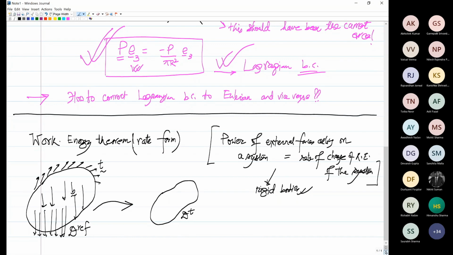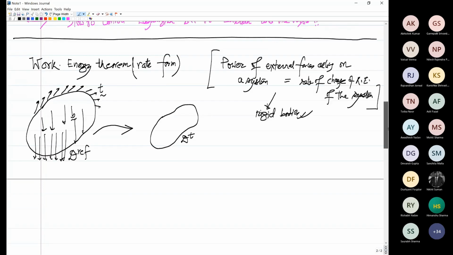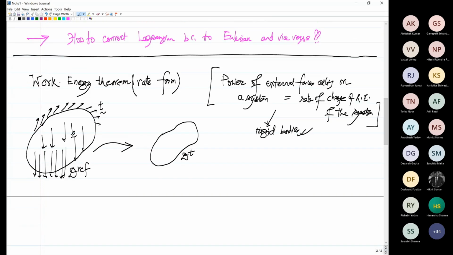So by the way, I should write that on dt, not on dref, because on dref nothing really is acting. So maybe I'll move them and put it here.